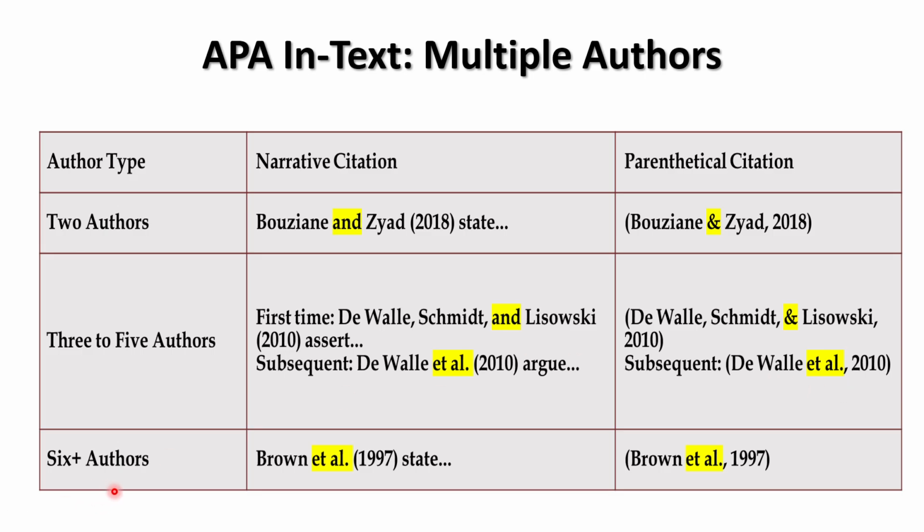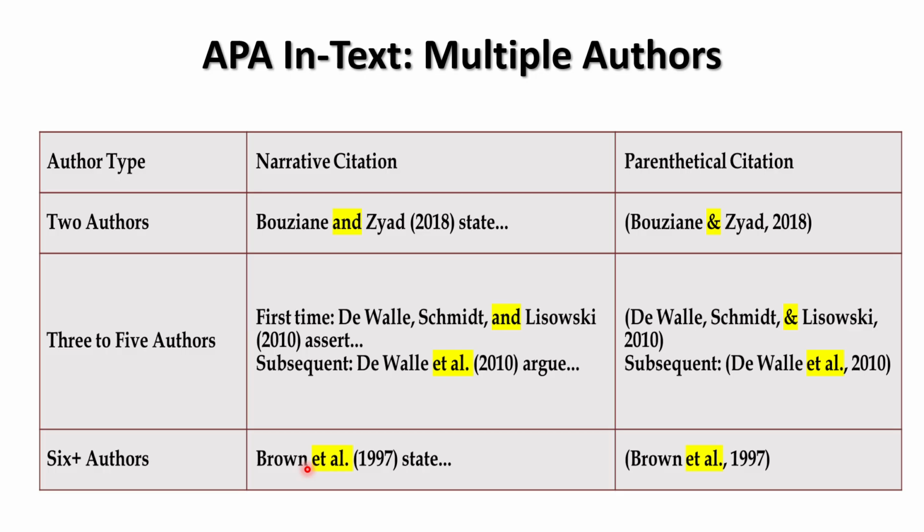Finally, sources with 6 or more authors. For these sources, APA makes it simple. Use et al. as with 3 to 5 authors, but from the very first citation onward.